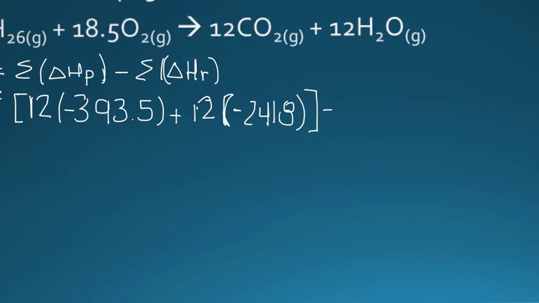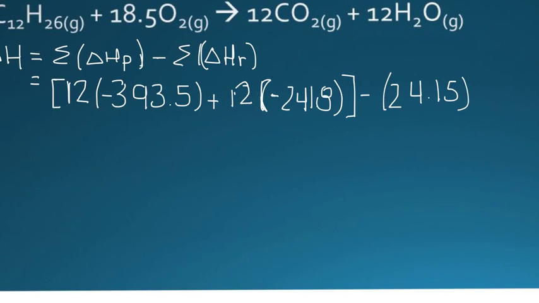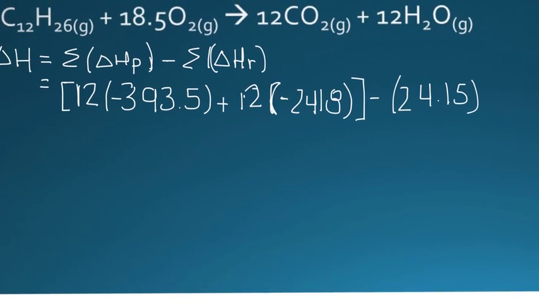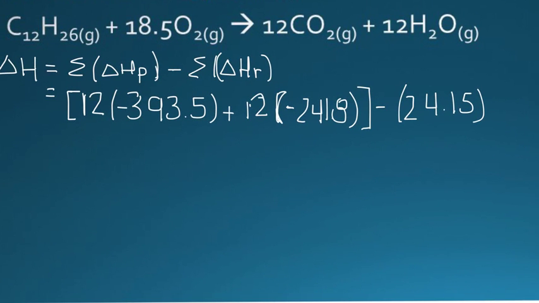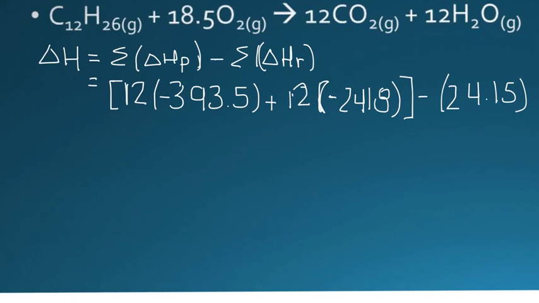The question tells us the delta H formation of the kerosene is 24.15 kilojoules per mole. And the oxygen is an element in its natural state, so I don't need to worry about that.